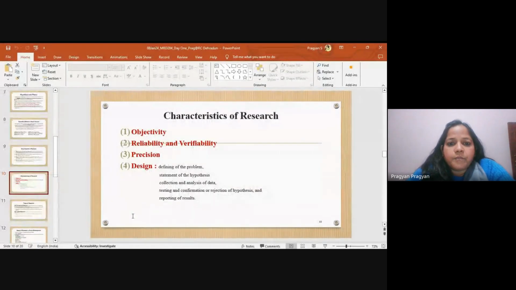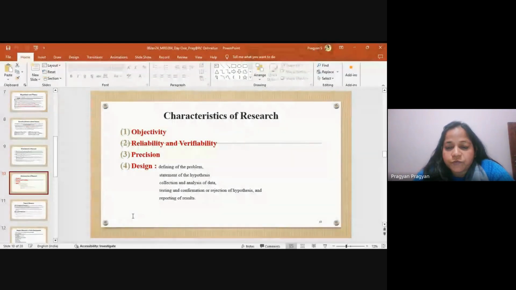Now let's talk about key characteristics of research, because as the course proceeds, through every coming slide we are going to specify our knowledge from general to particular in research methods.